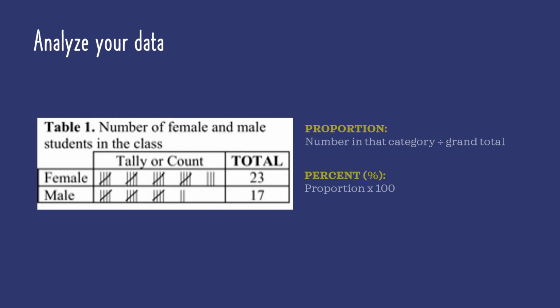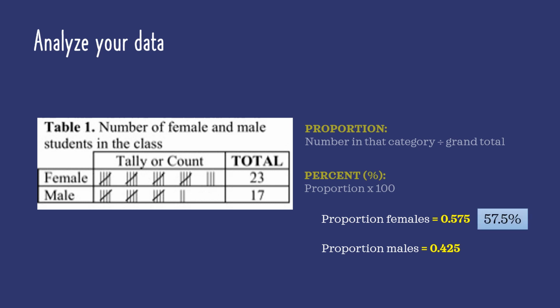You just practiced an important analysis, calculating the proportion of total observations that fall into each category. From proportion, you can also calculate the percent. To do this, simply multiply by 100. Since the proportion of female students is 0.575, that means that 0.575 times 100 is 57.5% of the class.